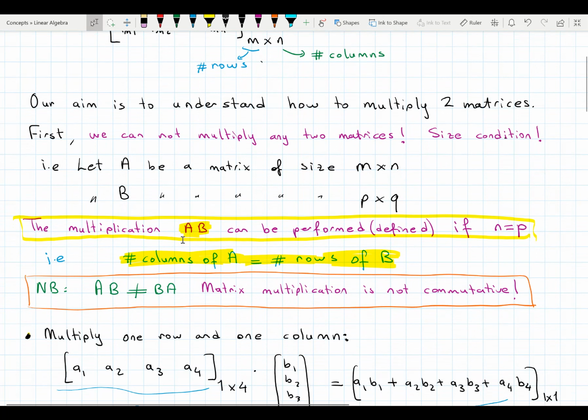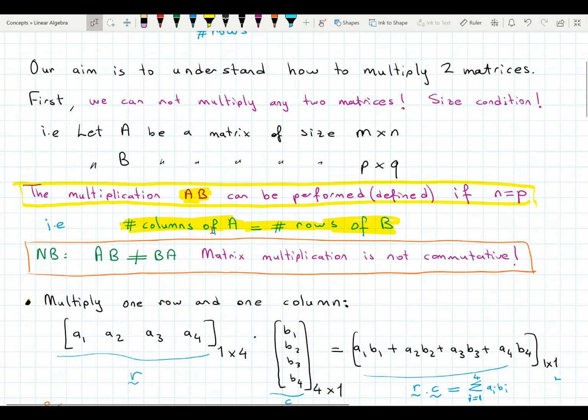The multiplication A times B can be performed, or is defined, if n is equal to p. So the number of columns in the first matrix should be equal to the number of rows in the second matrix in order to be able to multiply these two matrices. So the columns of A need to match the number of rows in B.